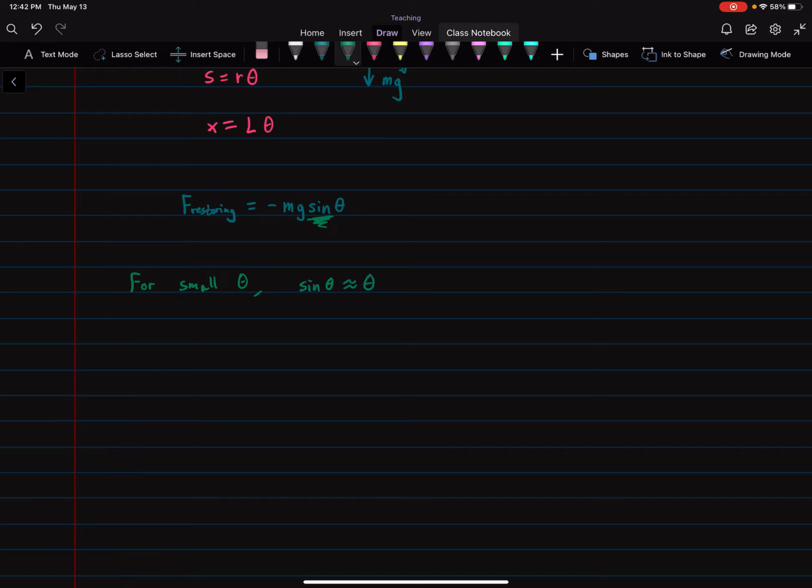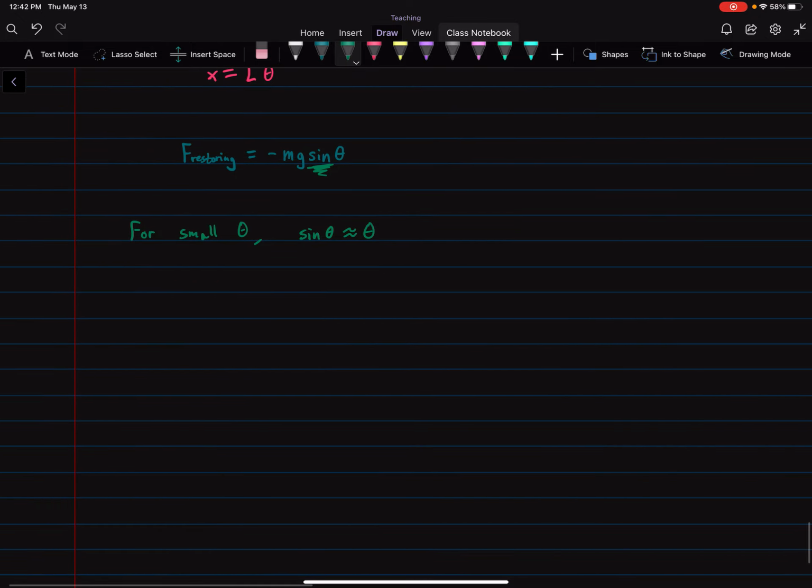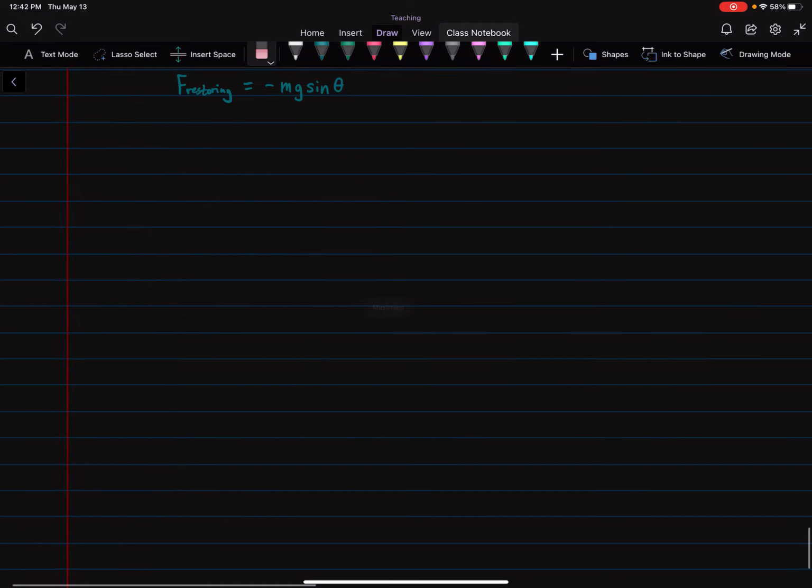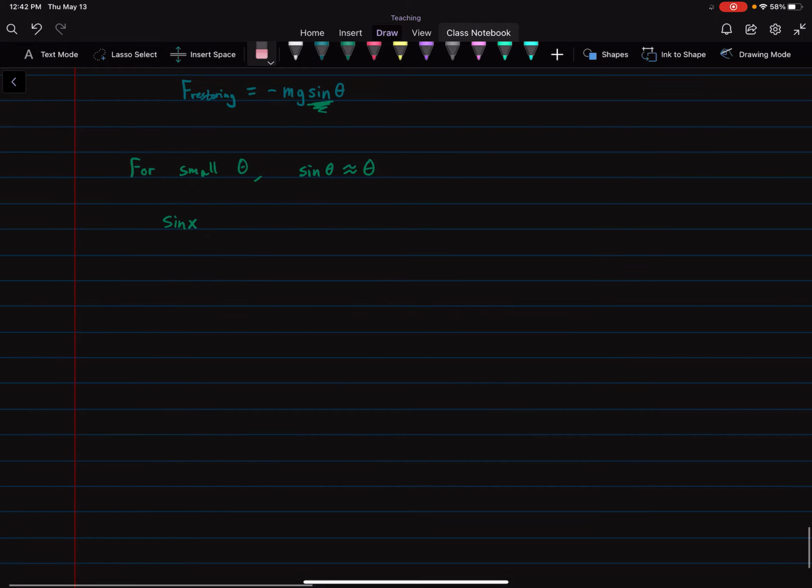And you've probably seen this before, but if you haven't, it's used a lot in physics. If you expand sine x into its Maclaurin series, you get that sine x is equal to x minus x cubed over 3 factorial plus x to the 5th over 5 factorial minus x to the 7th over 7 factorial, and so on.